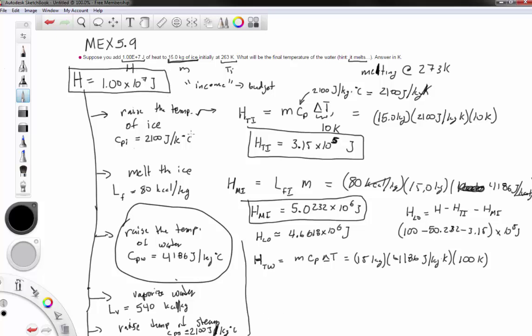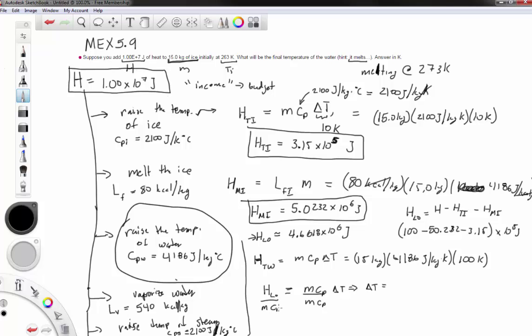All right, so coming down here, that basically means that what we can use is this right here as the known quantity. So we have heat left over is mass times specific heat times how much we raise the temperature. And so we can solve for how much we raise the temperature by dividing both sides by mass times the specific heat.